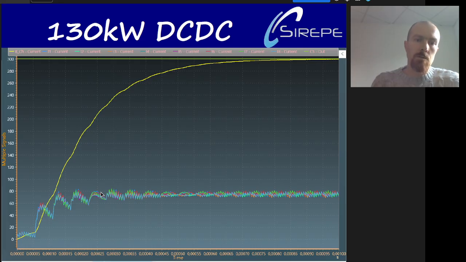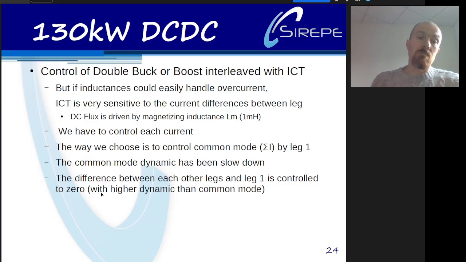So the dynamic of equalizing current is very low, and the inductances could easily handle overcurrent because it's relatively low constraints relative to the DC current of each leg. It's some amps relative to 60 amps, and the inductance is made to deal with DC flux. ICT is not like that.